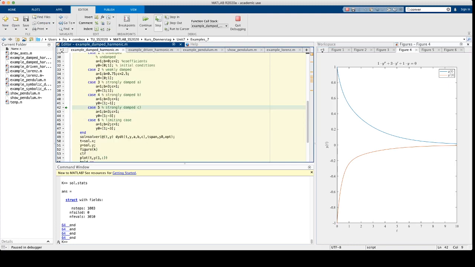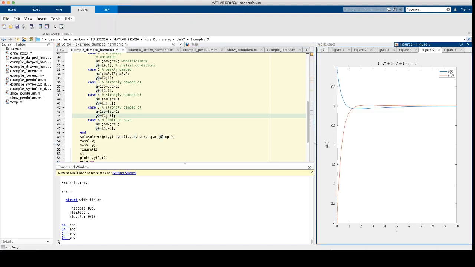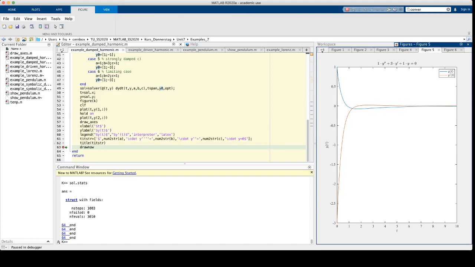A third type of strongly damped oscillation, again with different initial conditions. And this solution passes through zero and then converges to zero from below.